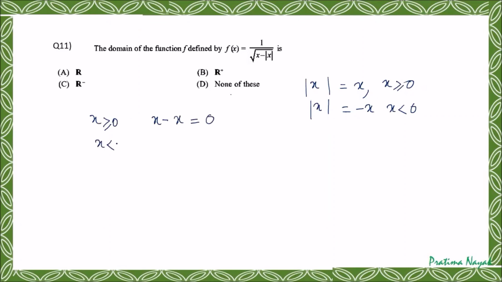And when I'm putting x negative, I'm getting x minus x, that will be 2 times x. So can you think of a value for which for positive x it is 0 and for negative x it will be 2x? So it cannot be defined. So none of these. The domain of this function is D, none of these.